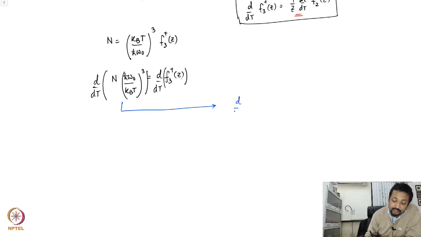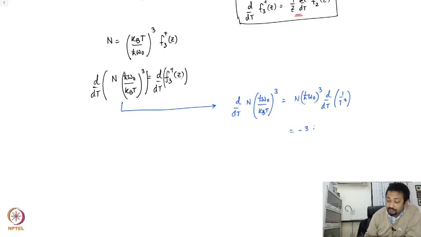The left hand side is d/dT of N (h bar omega naught over kBT) whole cube, which is going to be N (h bar omega naught) whole cube d/dT of 1 over T cube, and that's a straightforward derivative.